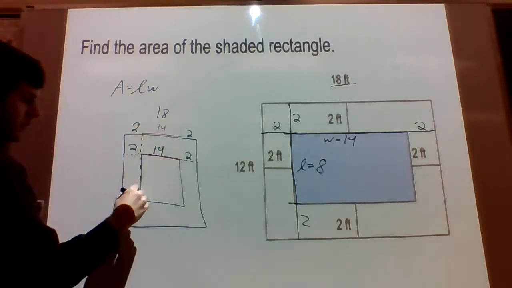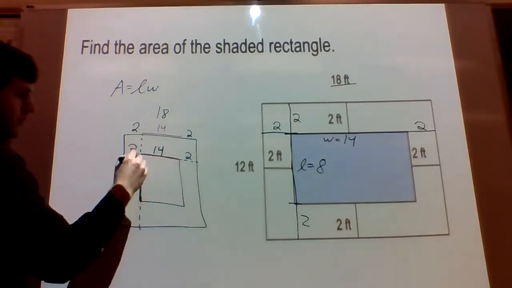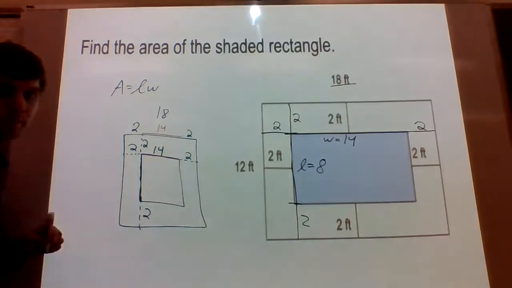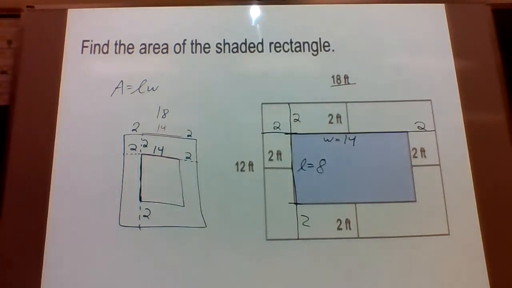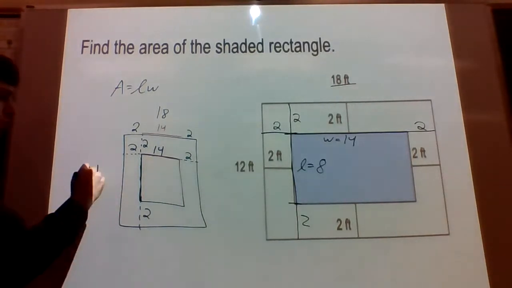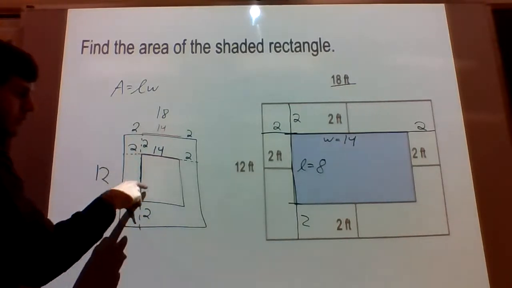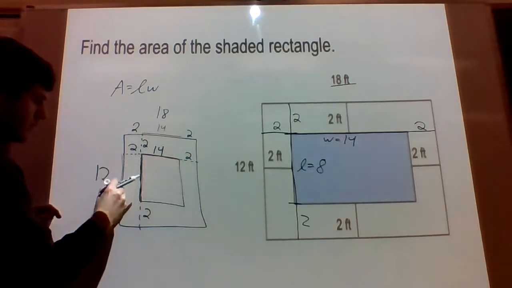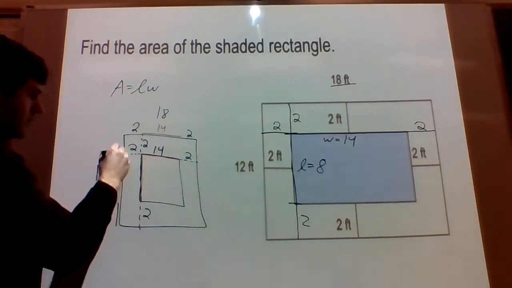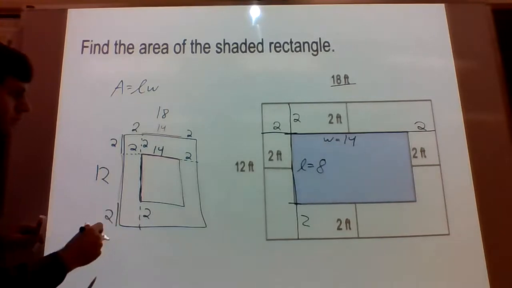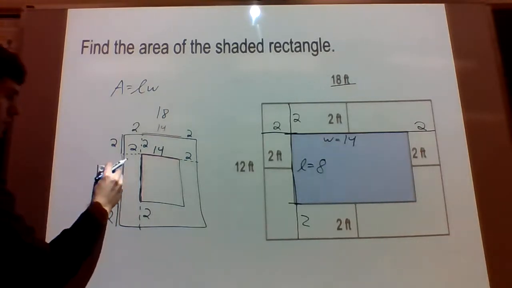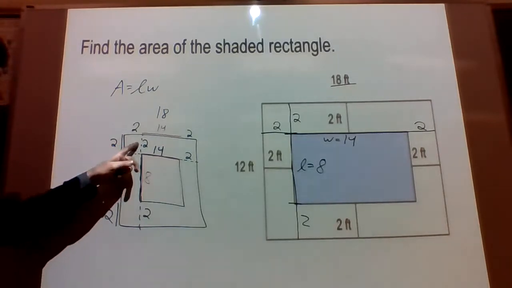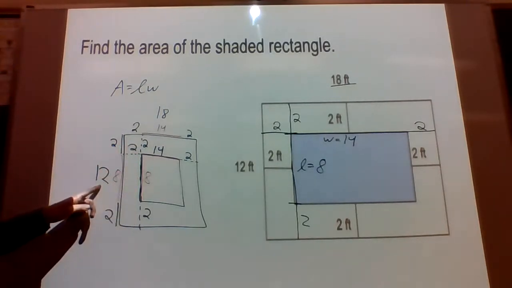Likewise, we can do it this way as well. This piece is 2 and this piece is also 2 from our diagram. If the whole thing is 12, then these 3 pieces need to add together to give us 12, so this piece has to be 8, because 2 plus 8 plus 2 gives us 12.